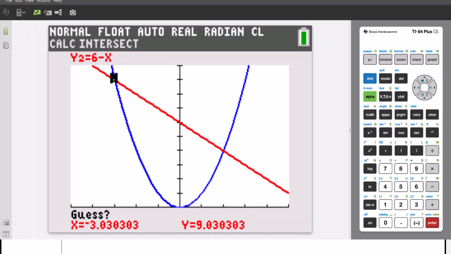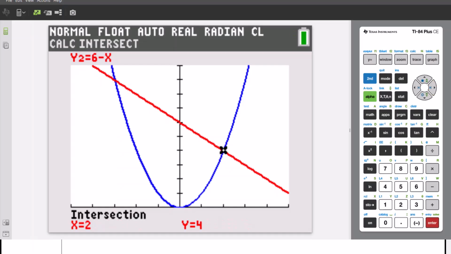Now, if I hit Enter right now, it's always going to return -3 because it's closest to the left side. So I don't want -3 again. I want to see the 2. So what I have to do for that is just use my right cursor and just click it a few times and get my little butterfly closer to the other side. So this way the calculator will calculate the intersection point on the right instead of the one on the left.